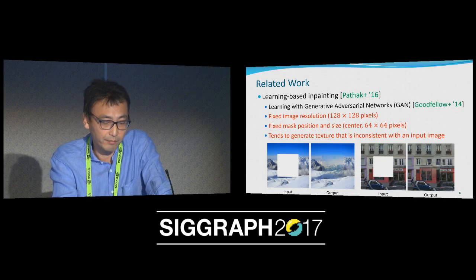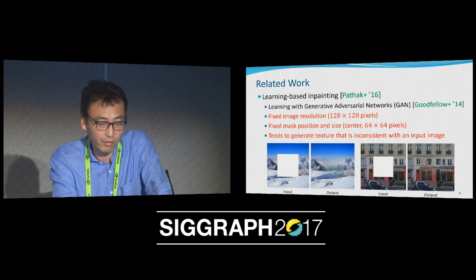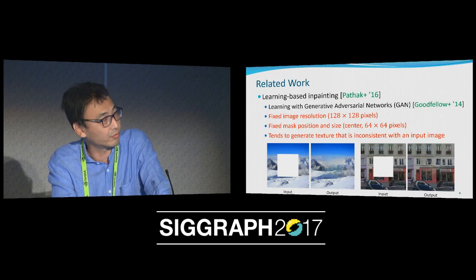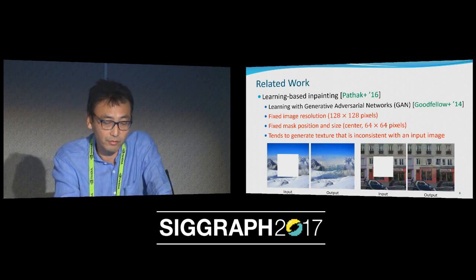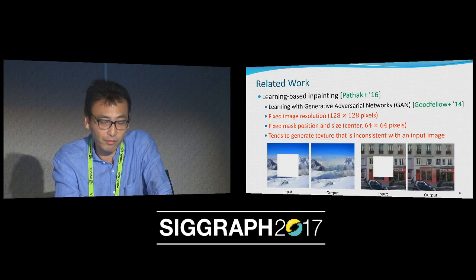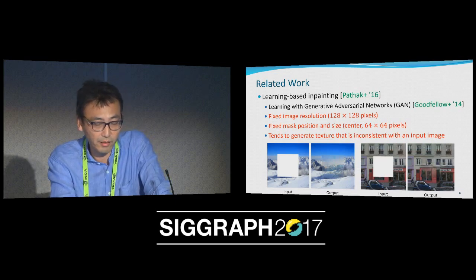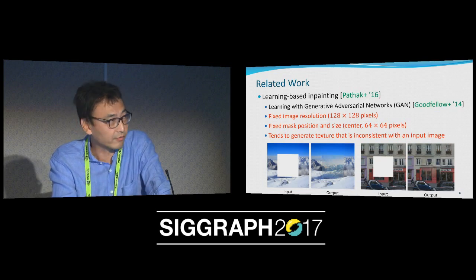However, it has some problems also. It can only accept a fixed image resolution, such as 128 by 128 pixels, with a mask of fixed position and size, at least as described in their paper.